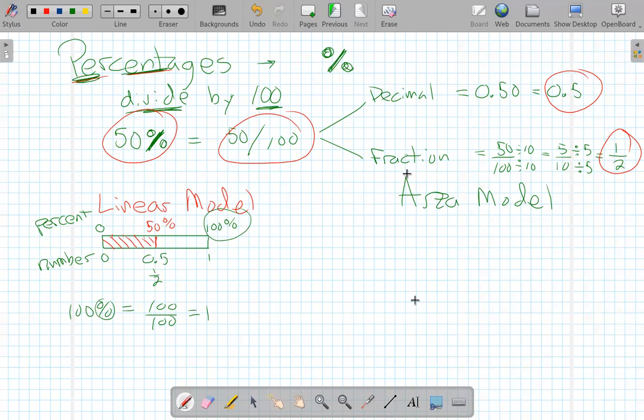The area model for a percentage typically uses a 10 by 10 grid to demonstrate what a percentage means. So let's build one. So we'll start here and go out 1, 2, 3, 4, 5, 6, 7, 8, 9, 10, and same thing down.